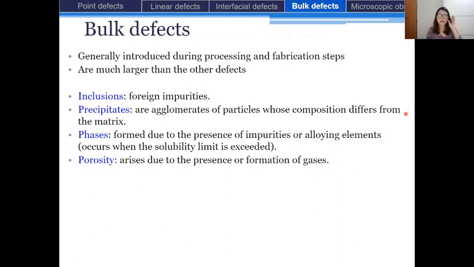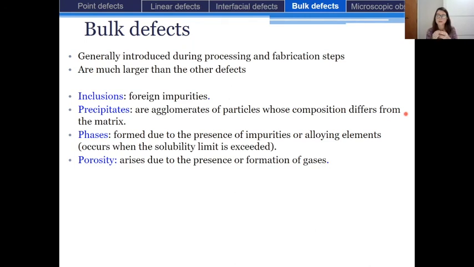And finally, let's have a look at bulk defects that are generally introduced during processing and fabrication steps, and that are much larger than the other defects that we saw. So we have inclusions, that are foreign impurities, and precipitates, that are agglomerates of particles whose composition differs from the matrix. We have phases that are formed due to the presence of impurity or alloying elements.